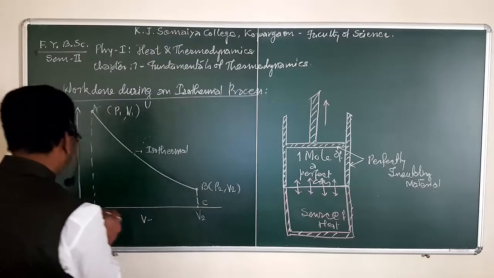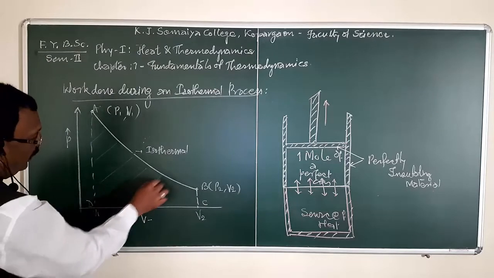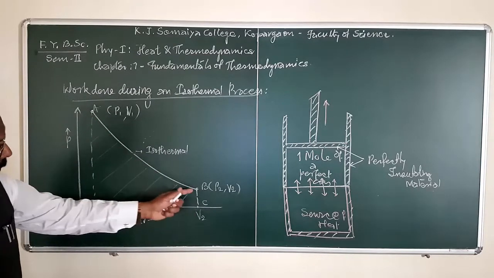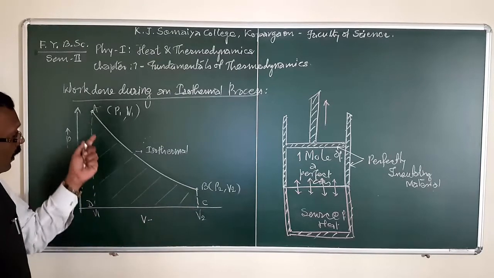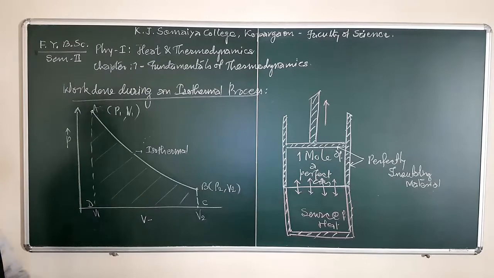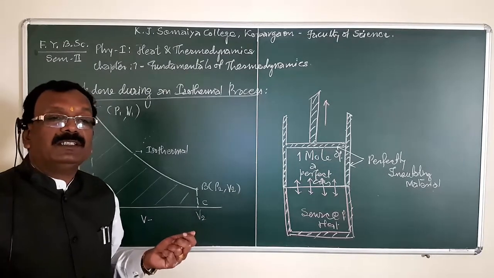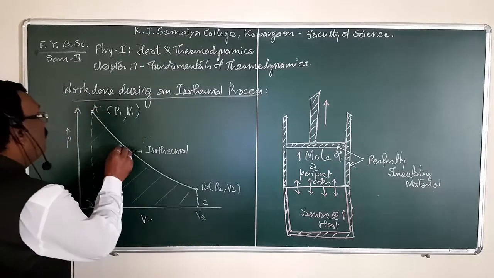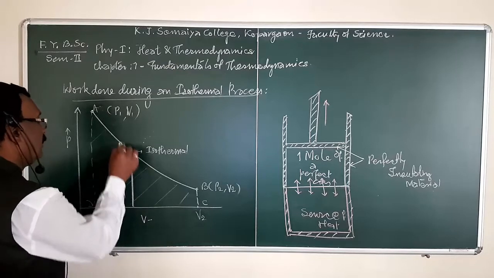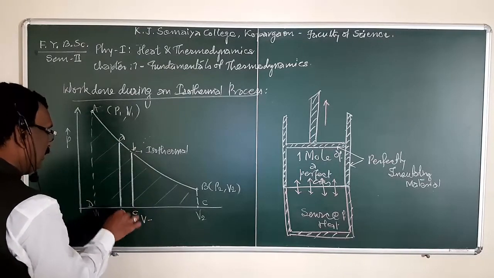Now ABCD represents the work done. The area ABCD represents the work done during a finite change A to B. But in order to obtain the work done during an isothermal change, initially we have to consider the strip ABCD.